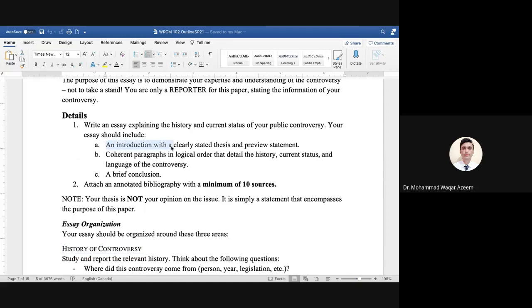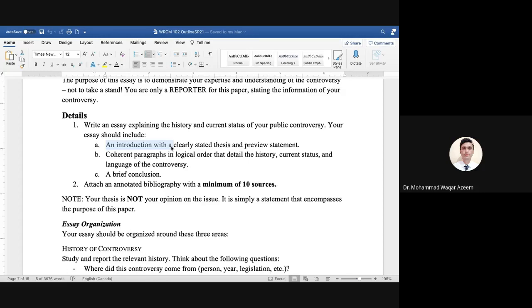So when you begin like this, that this essay introduces the history and current status of the controversy created by the passage of 18th Amendment in Pakistan. After this sentence, after this thesis, you can explain what is the controversy.